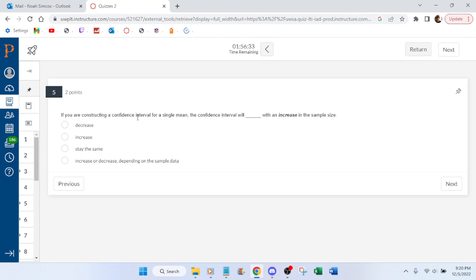Confidence. If you increase the sample size, I believe the confidence interval will decrease. The higher the sample size, the more confident you can be, I believe. So it will decrease.